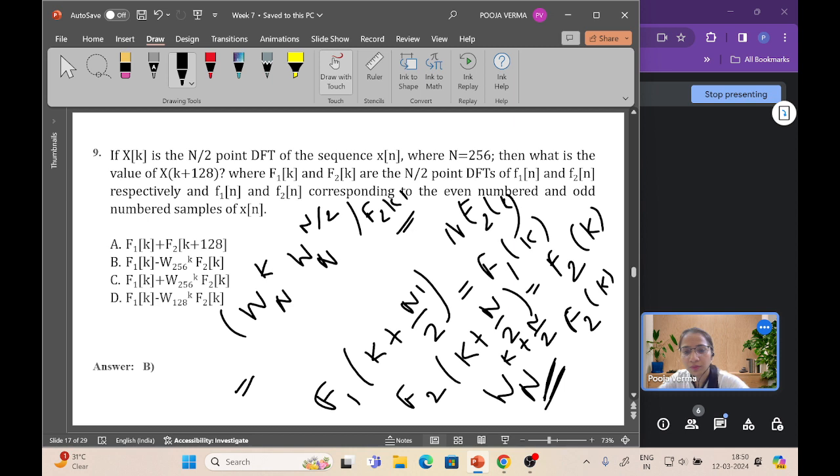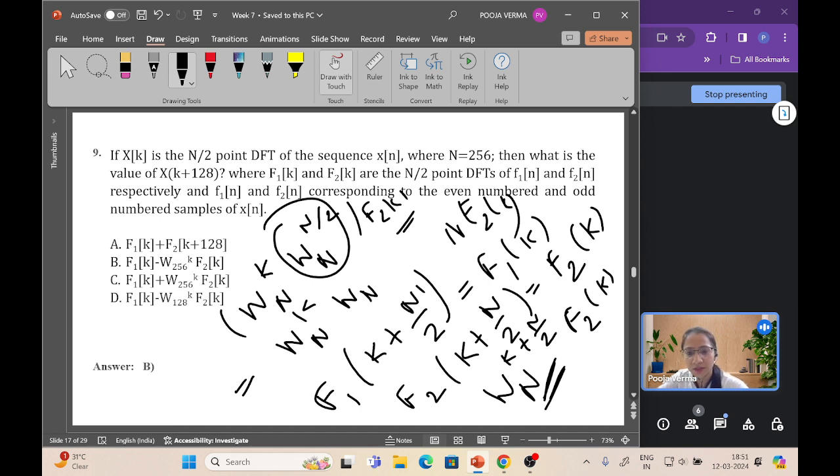So what will be the value of W_N^k W_N^(N/2)?